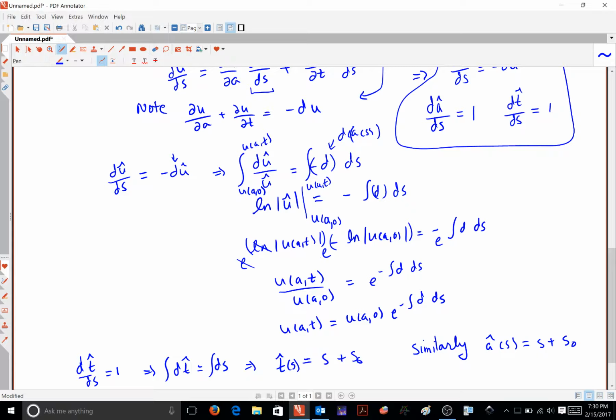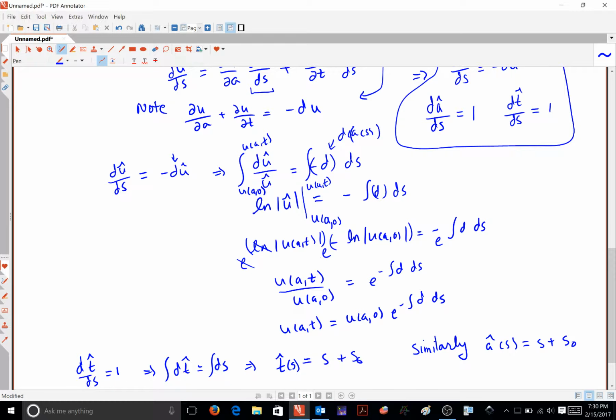Now, it says the characteristic curves are straight lines of unit slope in the positive quadrant of the at plane, and the initial s equals 0 conditions that we need to apply depend on whether they intersect the a-axis or the t-axis, as in the Lexis diagram of figure 1.12. If t is greater than a, then they intersect the t-axis when s equals 0.